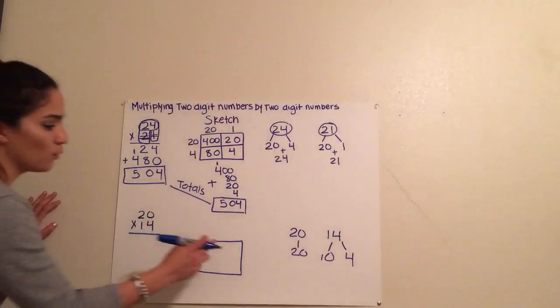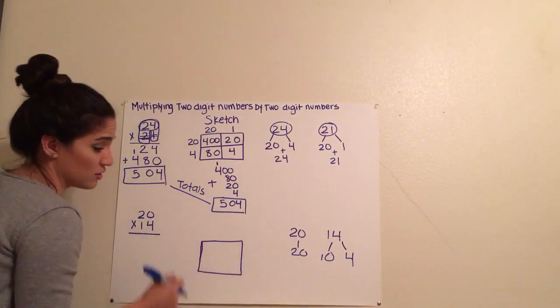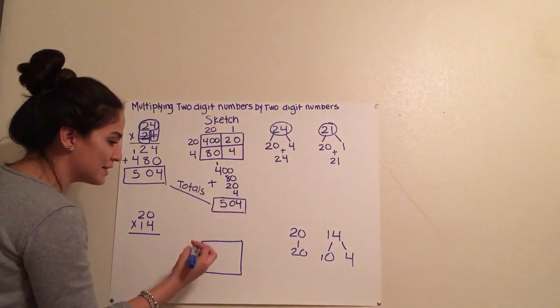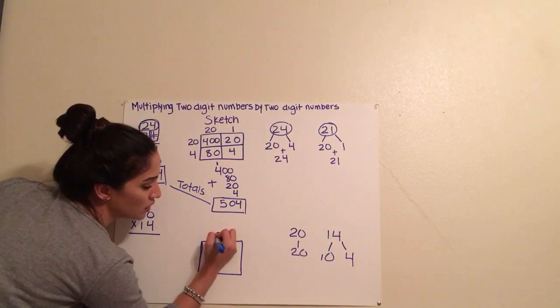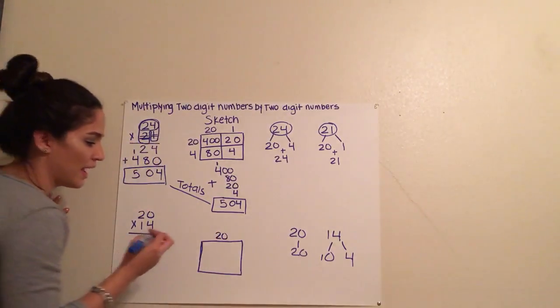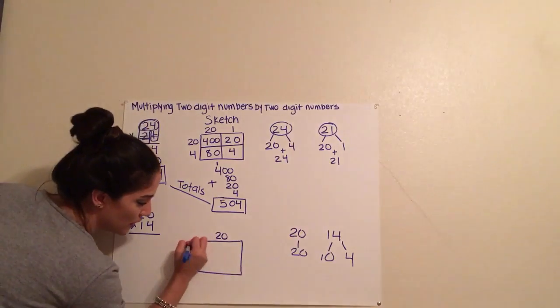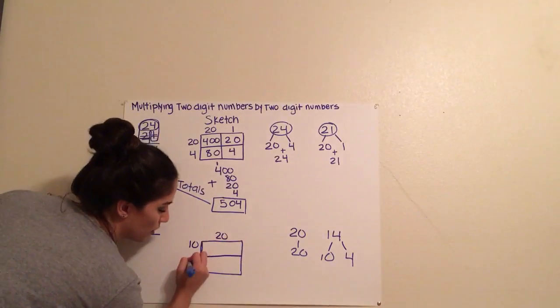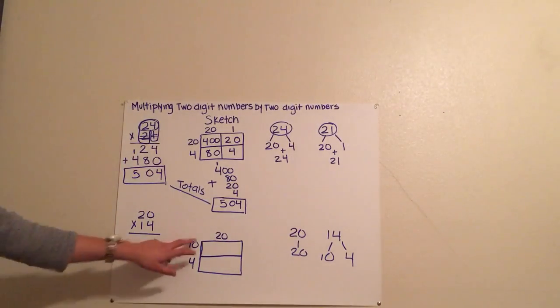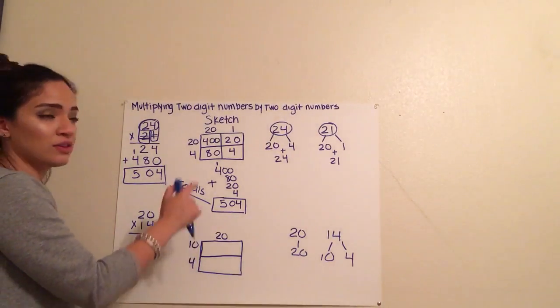So we draw our box, which is our area array model, and instead of breaking it apart in 4 parts, I'm going to put my whole number over here, and then I'm going to put my 10 over here. So I'm going to draw a line here through the middle, and then I'm going to put my 4. So what does this tell us? We're going to do the same we did over here.